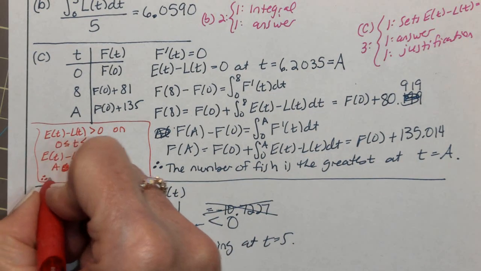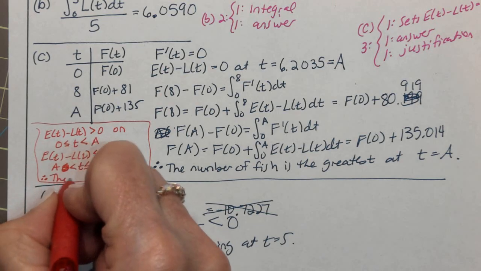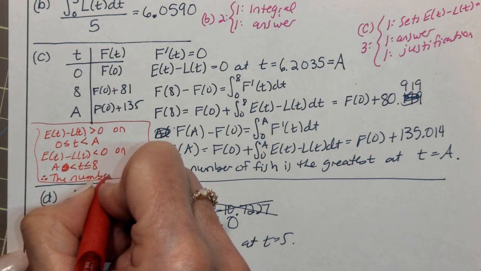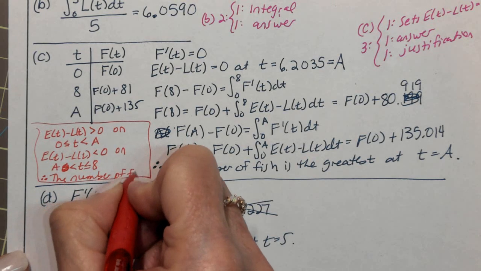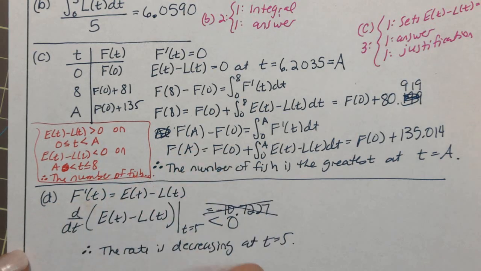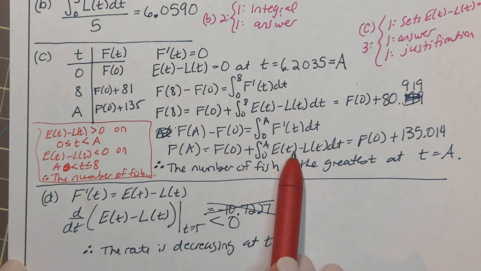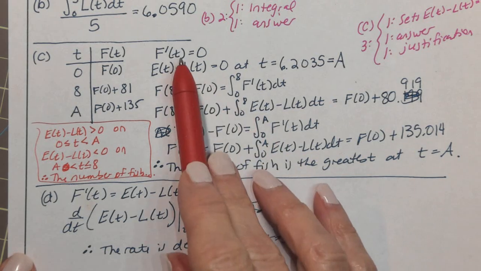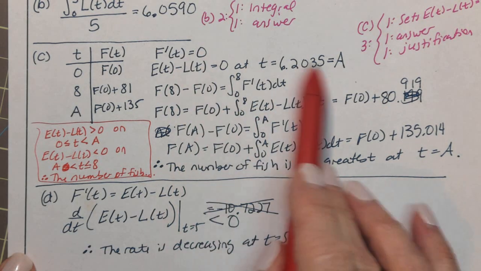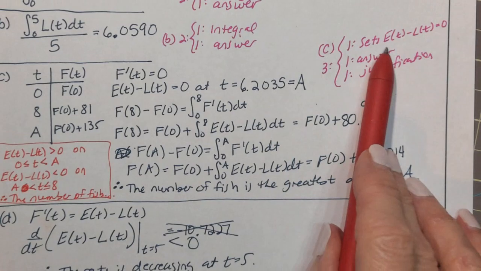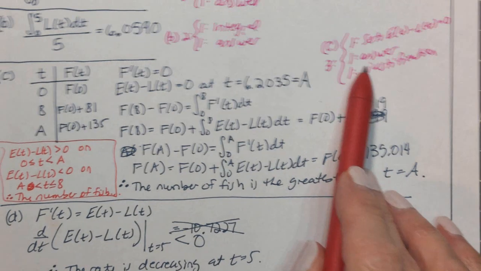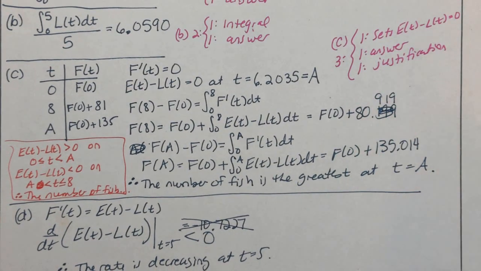Therefore, the number of fish is a maximum at time equals A. We could have said that instead of using our candidates test. Okay? But regardless, we still would have had to do this part. We still would have gotten the answer, and that would have been our justification.